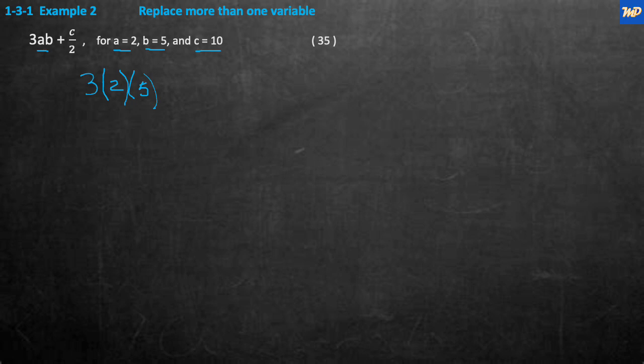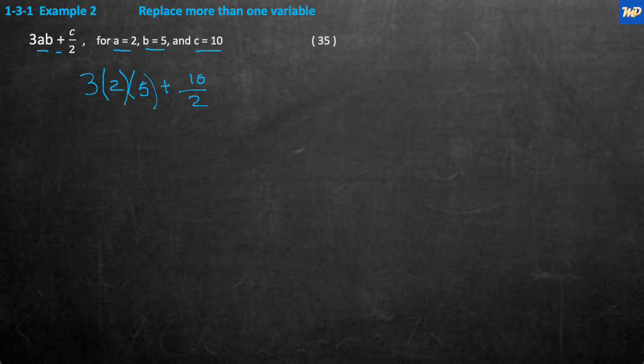And then we have a plus sign, plus c, which is 10, plus 10 divided by a 2. Okay, so now we have all of the values replaced. Every a, b, and c is replaced with a 2, 5, or 10 respectively.